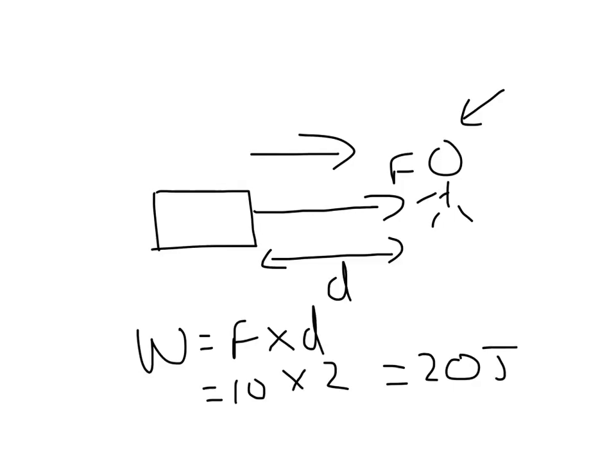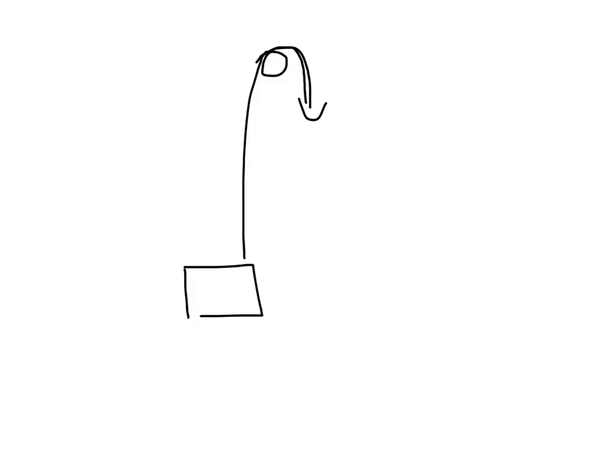Now if the block is moving, the block has kinetic energy. Okay? So if we now consider moving a block upwards, so this block is attached by a rope to a pulley system. Okay, so if I was to apply a force here and move the block up a height h, okay, so the work done by the pulley, so to speak, would be, again, work is force times distance.